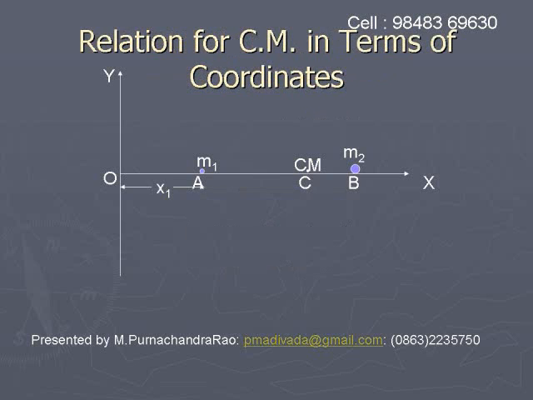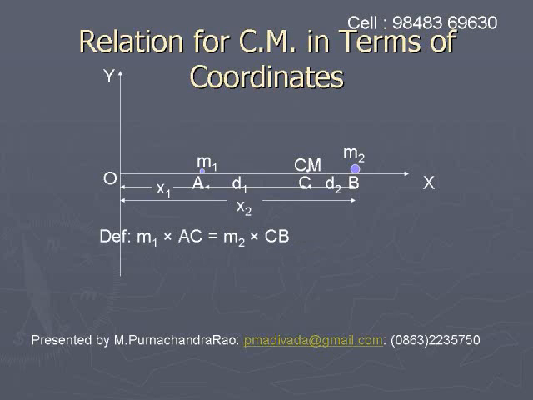Center of mass in terms of coordinates. Let us consider the x coordinate of mass m1 to be x1 and the x coordinate of mass m2 to be x2. Then OA is x1 and OB is x2.